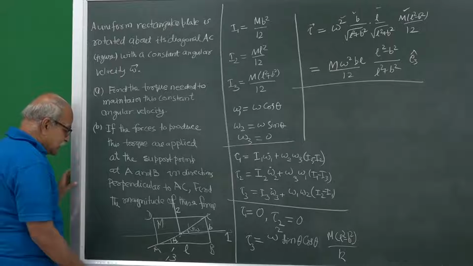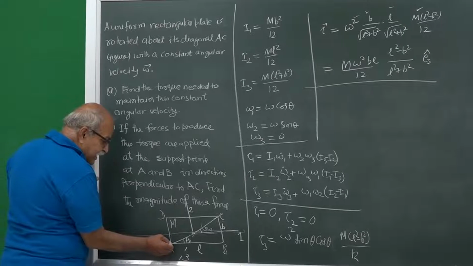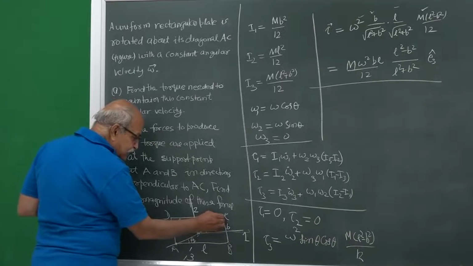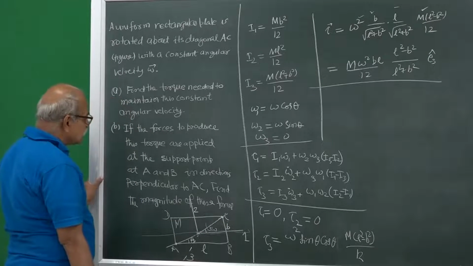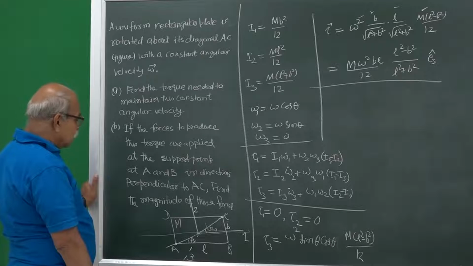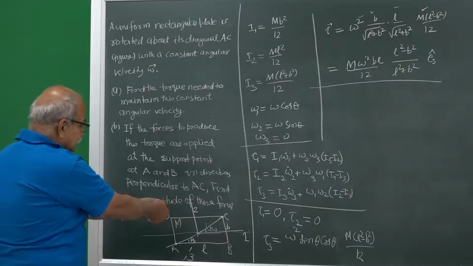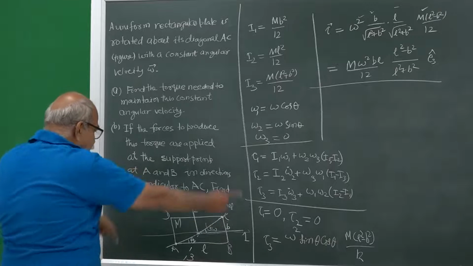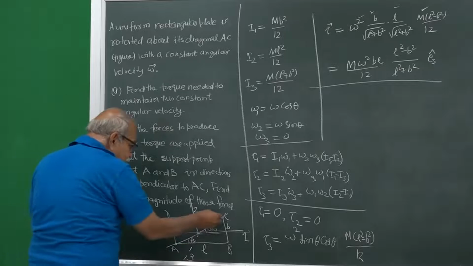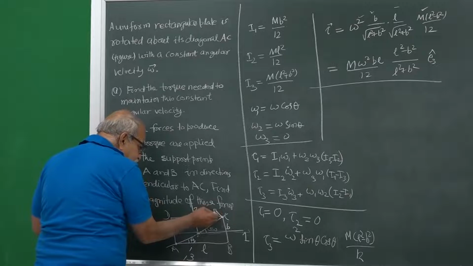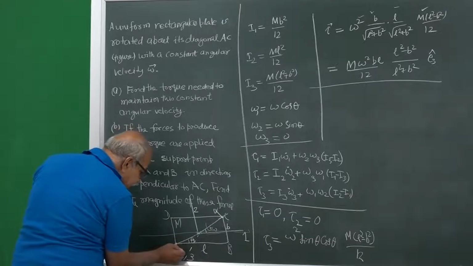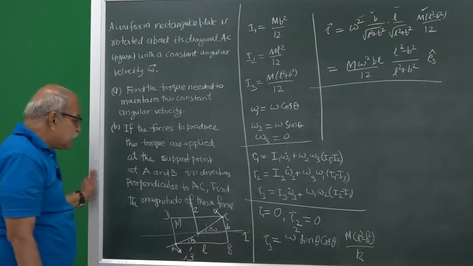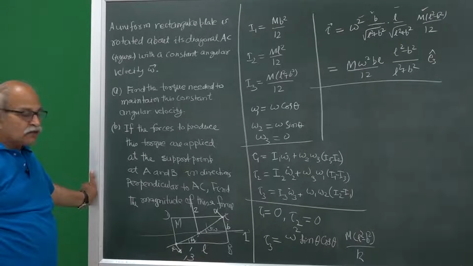Now, the second part: this torque is obtained by applying forces here, perpendicular to AC, and the torque is in the E3 direction. So, the force is here in this direction and here in this direction. They must have equal magnitudes. The center of mass is fixed.